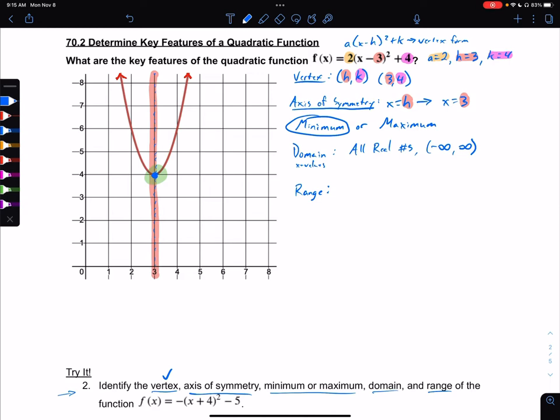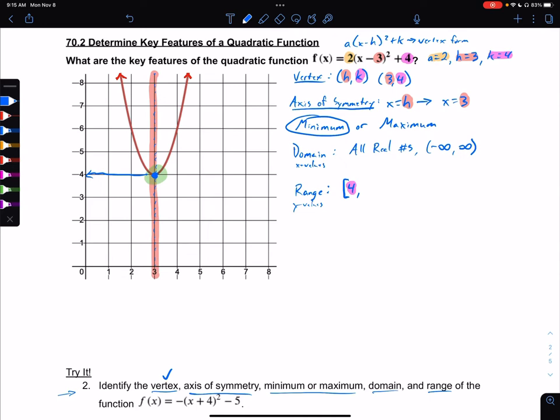The lowest point of my range, which remember are my y values, is 4. So we want to write the 4 as the minimum. It can be equal to 4, so we're going to put a bracket there. And that 4 comes from the k value.